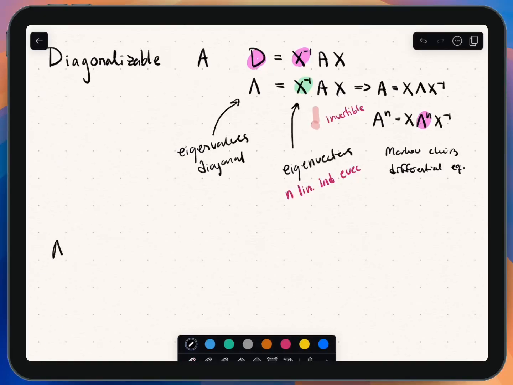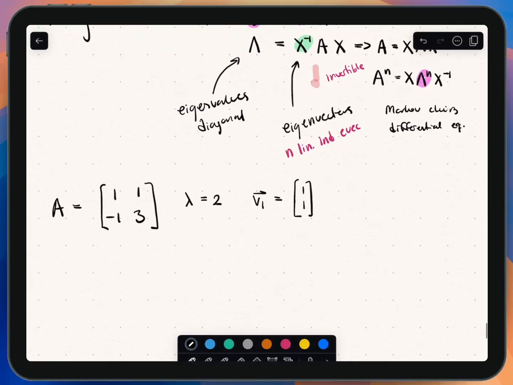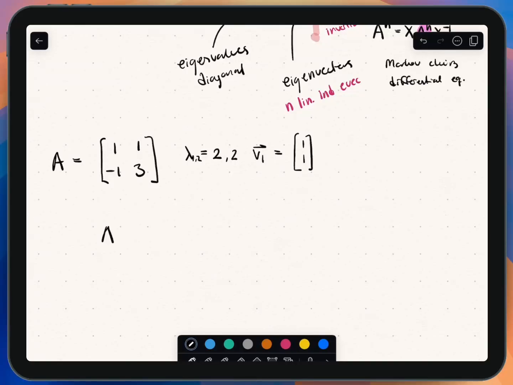For example, if I take the matrix A, which is [1, 1; -1, 3], it has the eigenvalue of 2 and an eigenvector of [1, 1]. And sometimes you can even say that it has 2, 2, so we have a repeated eigenvalue right here, which would mean that we would want to make our eigenvalue matrix, our lambda, like this.